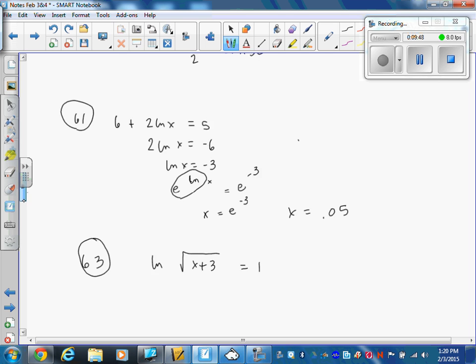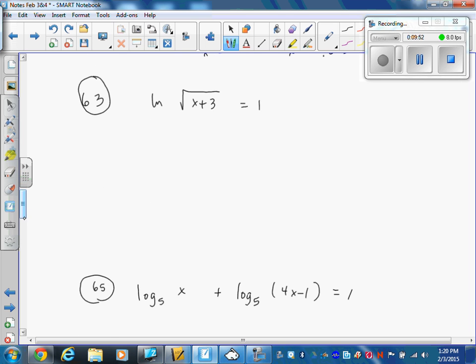Okay, 63. We're getting close. This one really is the log of x plus 3 to the 1/2 power. So move your 1/2 in front. So it's 1/2 ln of x plus 3 equals 1. So if I multiply both sides by 2, I get ln of x plus 3 equals 2.